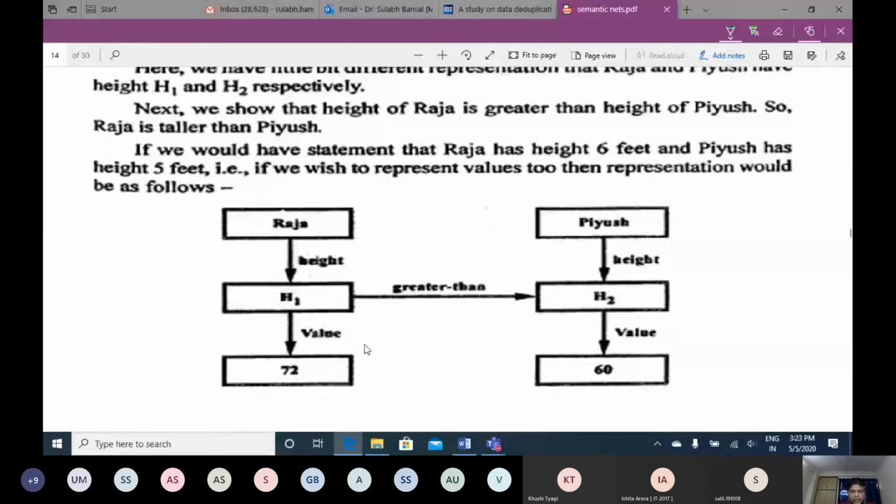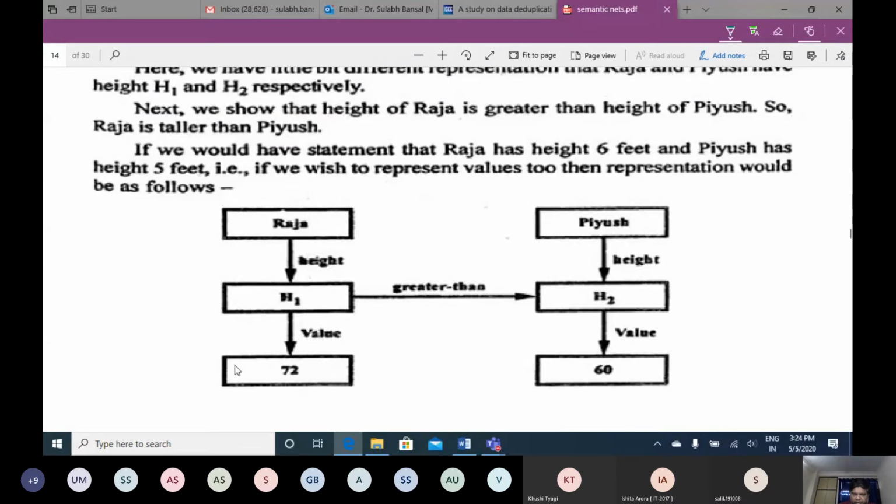and suppose you have built this structure based on the current knowledge, and then you get new knowledge about the height of Raja, for example. You can just keep adding that information to this already created semantic network by adding more nodes and more links. Suppose in future you get to know that the height of Raja is this and the height of Piyush is this, whatever it may be.